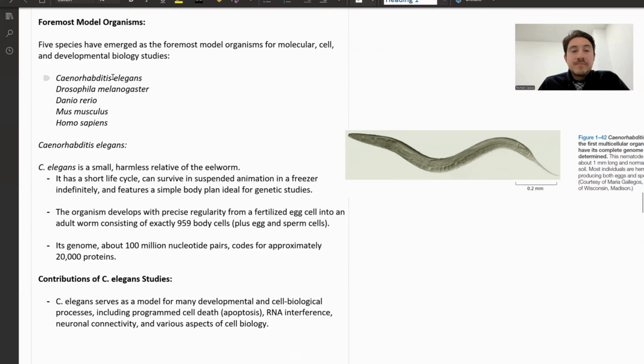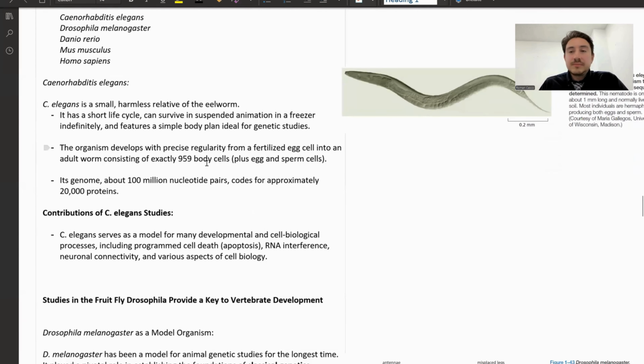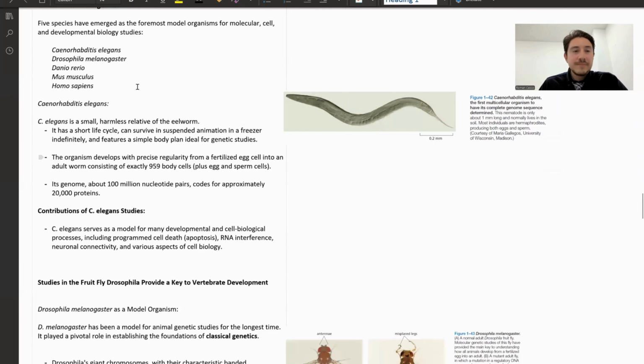So we have this eelworm, the fruit fly, the zebrafish, the mouse, and humans. For C. elegans, let me just zoom out a little bit so you can see better.